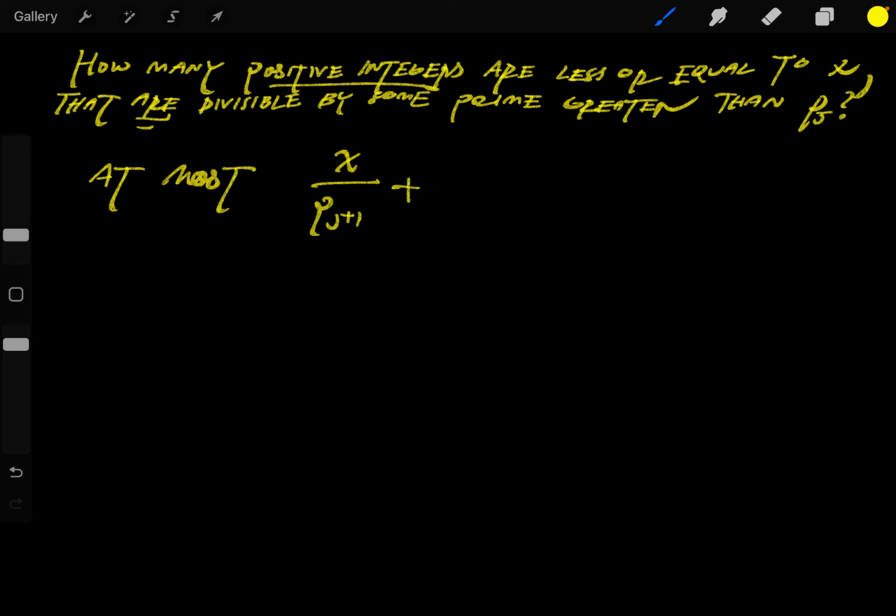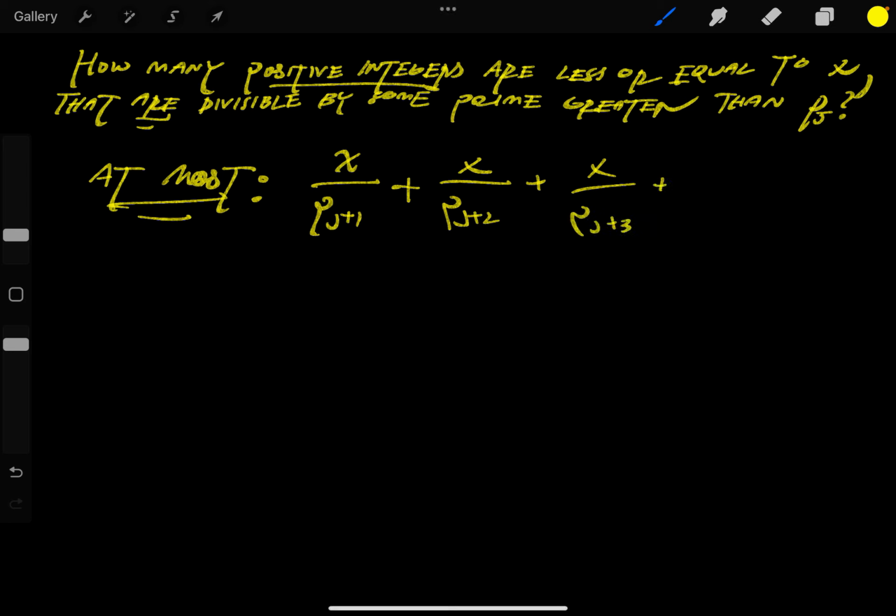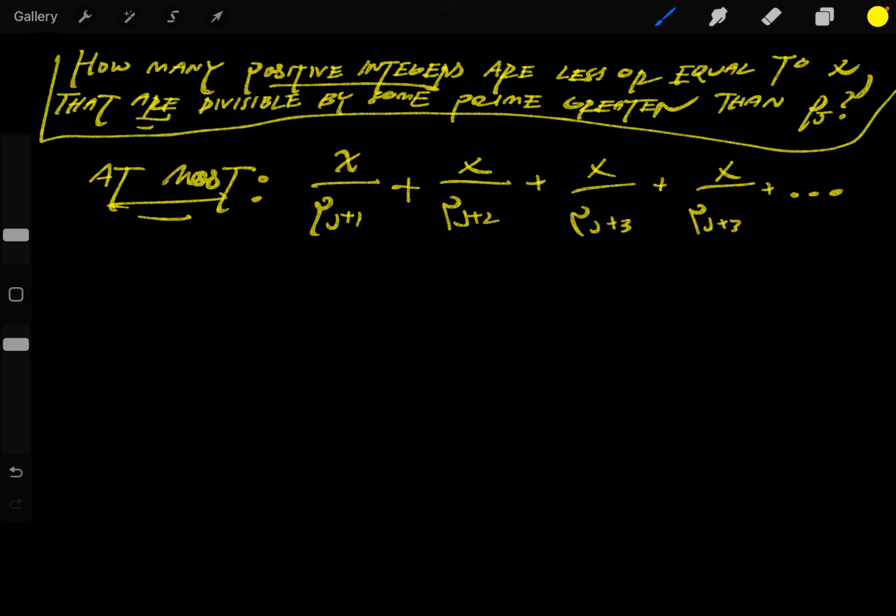Plus, at most, x over p sub j plus 2, plus x over p sub j plus 3, plus so forth. And we get a similar sort of sum that we had. So the answer to this question is at most this infinite sum.